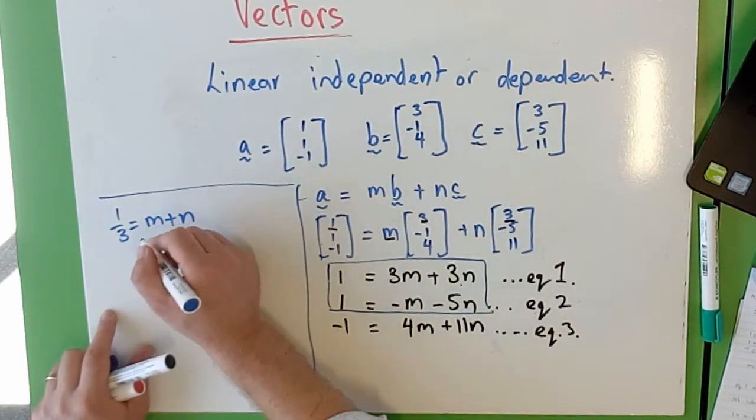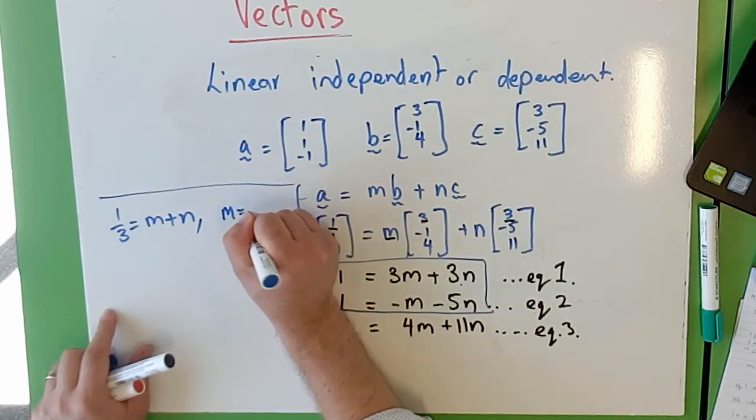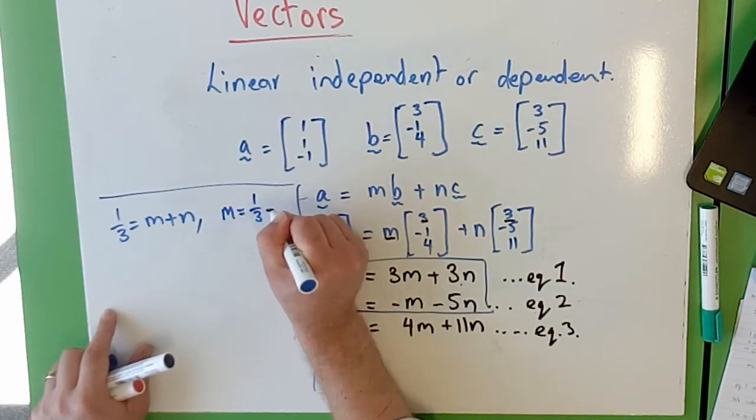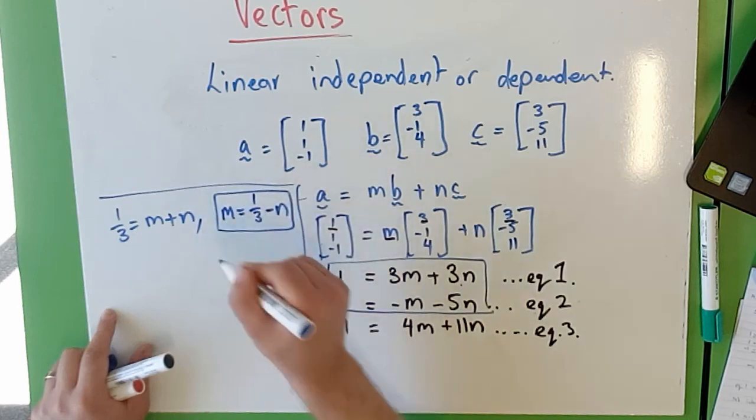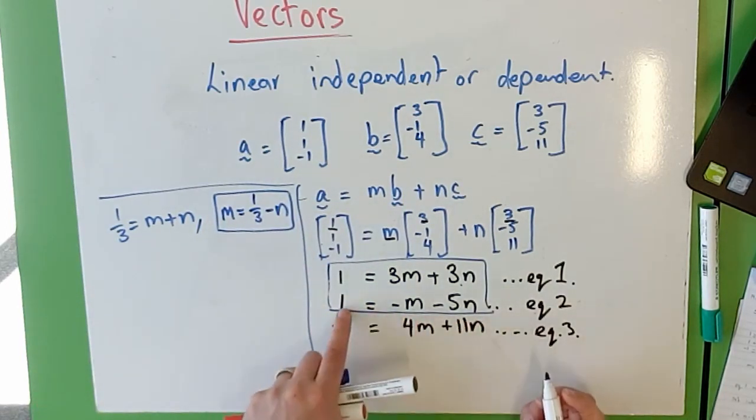So then I can have M equals 1/3 minus N. And then I'll substitute it into the second equation.